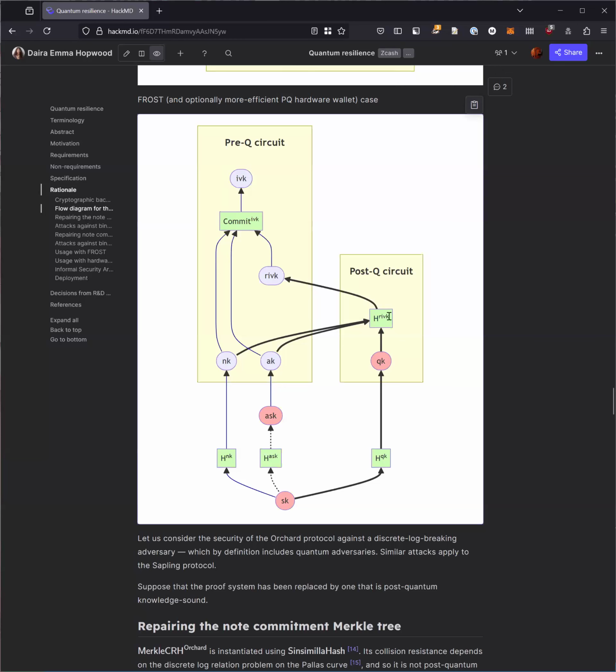So your Frost multi-signature degrades from K of N multisig, whatever you've defined, N of N or K of N, down to 1 of N multisig effectively, because you just need to prove knowledge of this QK. And presumably all of the Frost signers have knowledge of that. Maybe all of them have it stored on a common hardware wallet, or on hardware wallets of their own, or they have it in their secret key material along with their shard of ASK.